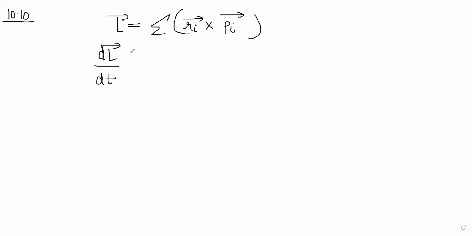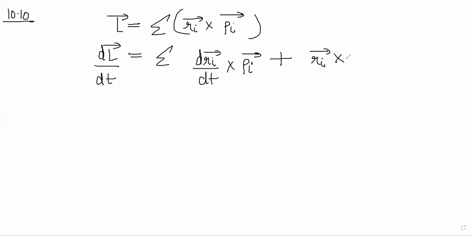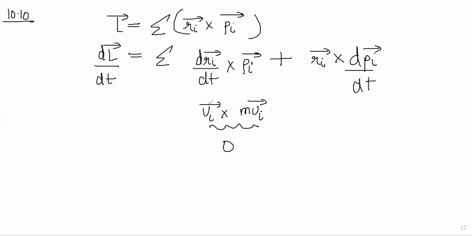Angular momentum of a body is defined as the sum of Ri cross Pi for every particle in that body. If you take a derivative at this stage, dL by dt, the rate of change of angular momentum, you'll have to write two terms by the product rule. dRi by dt is just the velocity, and now vi cross m vi will be 0, because you are multiplying a cross a, and the angle between them is 0.